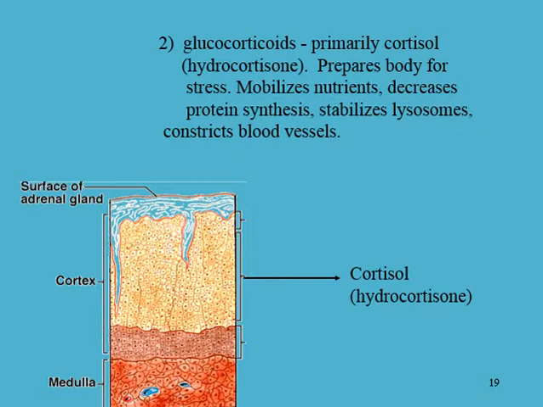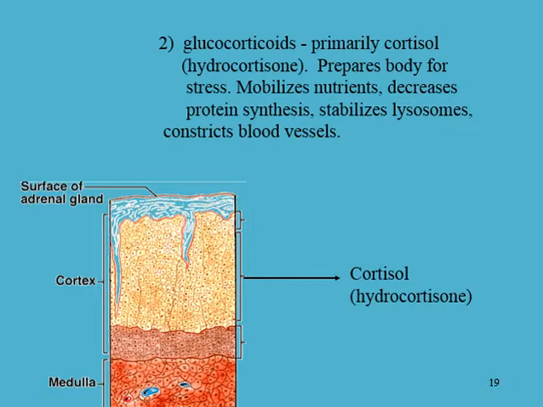The problem arises if you continue to take the drug over a long period of time, because if you constantly release this drug into the bloodstream, you're going to start to have long-term effects: long-term constriction of blood vessels, long-term problems adequately regulating electrolytes, long-term problems with triglycerides in the bloodstream.